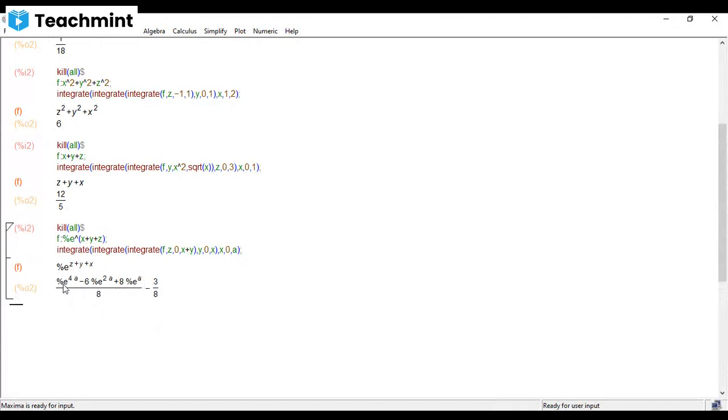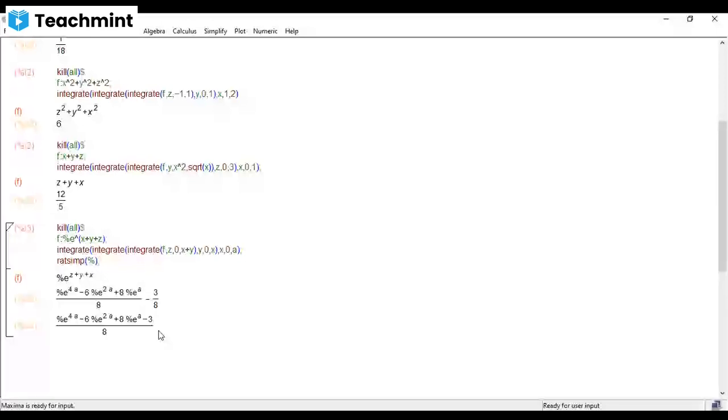So e to the power of 4a, minus 6 e to the power of 2a, plus 8 e to the power of a, minus 3, divided by 8. If you want, you can apply rational simplification, and you can use ratsimp of percentage. Okay, same thing. This is the answer which we got.